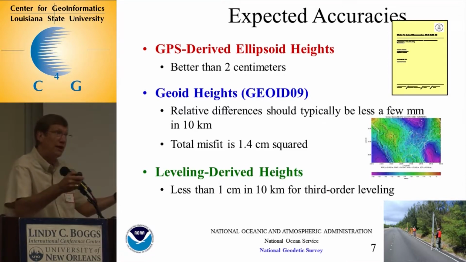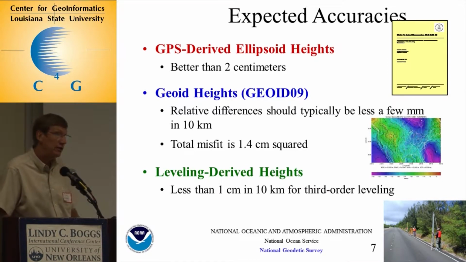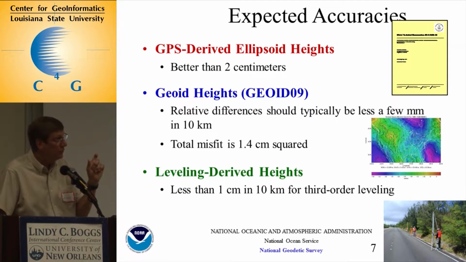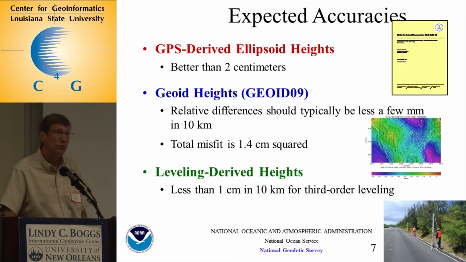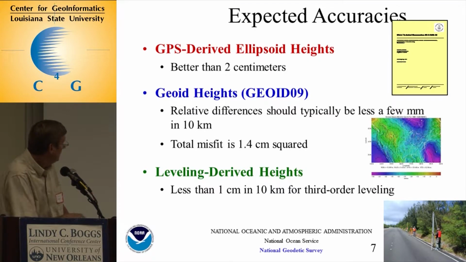But if you take that one value and go 2 or 3 kilometers away and take another one, the error in the geoid height difference is smaller. And that's how you're able to do better GPS-derived orthometric heights over short areas. And I'm going to show you this afternoon procedures to be able to remove some of that remaining tilt that may exist. And then leveling derived heights.